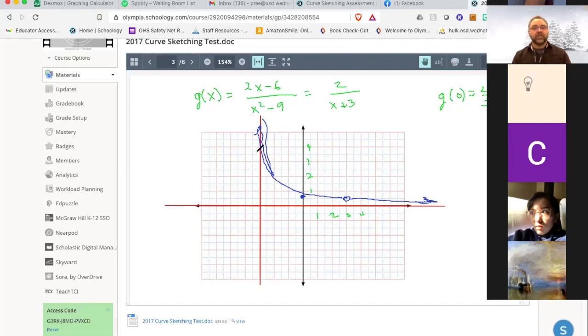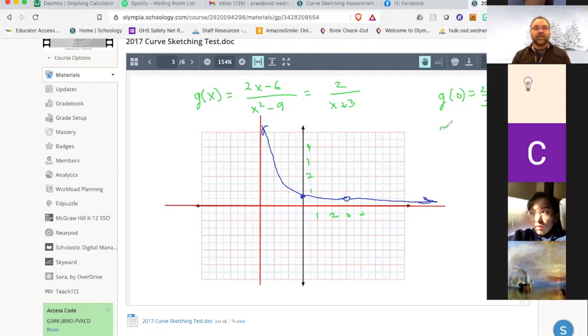It's got to get close to that line without going over it. I'll try and fix that. Like that. And then on the other side, well, I know it's decreasing because it's always negative and it's concave down. What I don't know is a y coordinate.